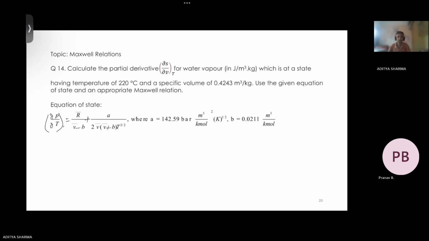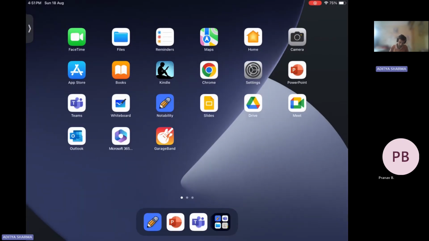Correct. So we need to use this equation of state and then we need to find out dou S by dou V. So what we will do, I just start solving this. Okay. Temperature given is 220 degrees Celsius.